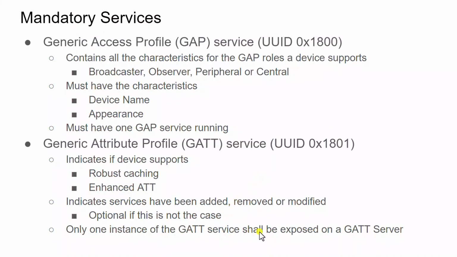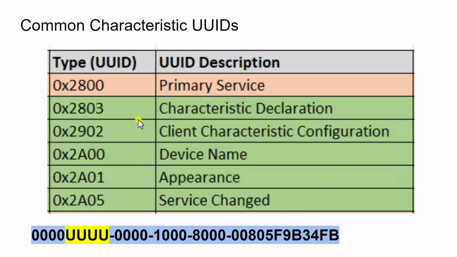There's also only one running per GATT server. Some additional UUIDs that we may see besides primary service. So these are those that we may see, and just as a reminder, if you wanted to know what the full UUID is, you would take these 4 digits, plug them in here, and then for this special UUID number. So now let's look at some code.